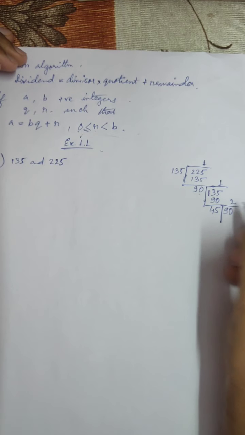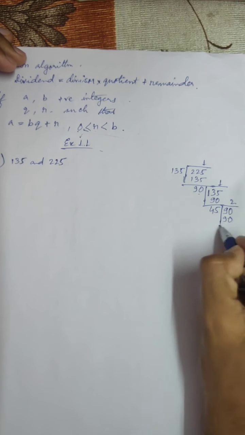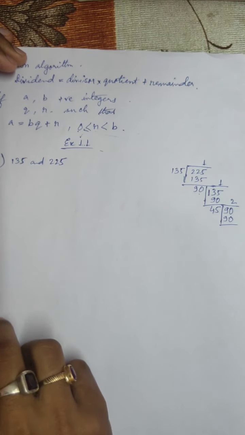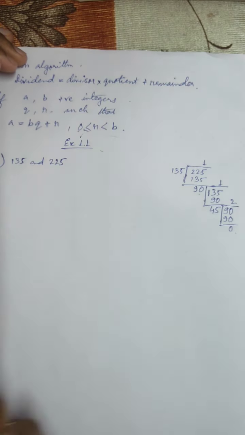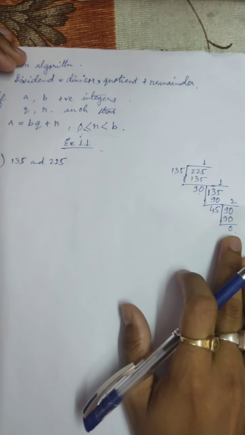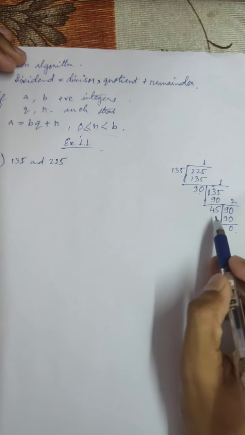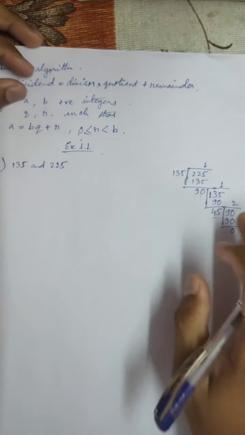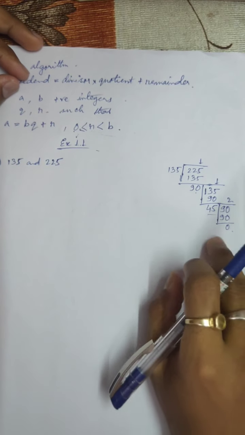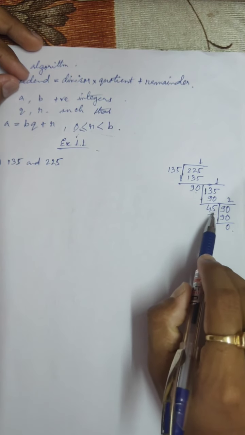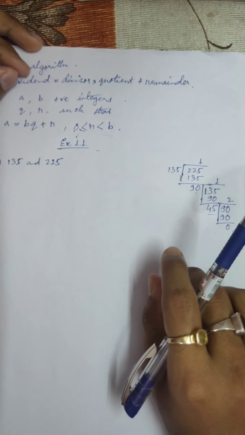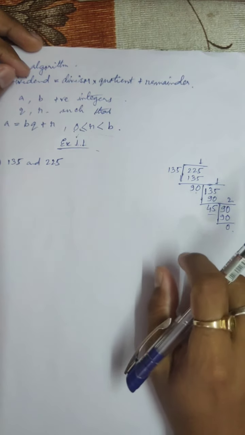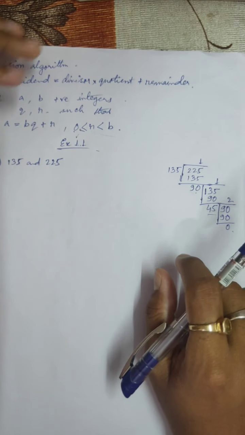Now it is 2 times. So now it has become 0. When we get 0 in this step, the divisor of this step is the required HCF. This is the long division method you have already done in the previous classes.